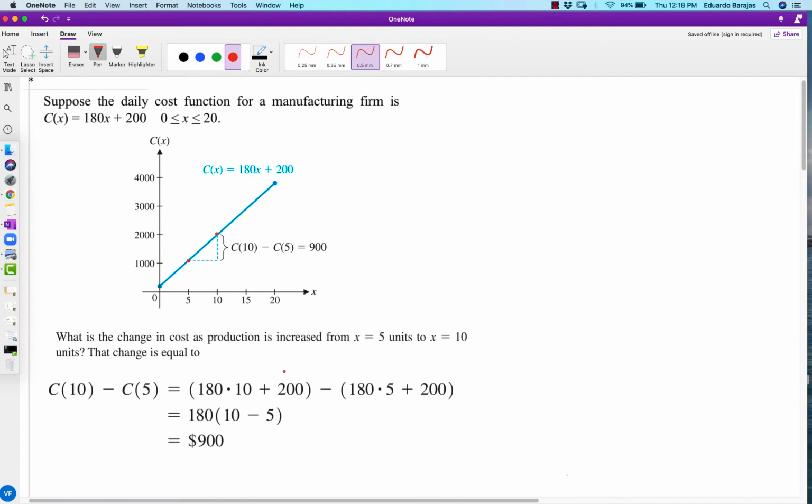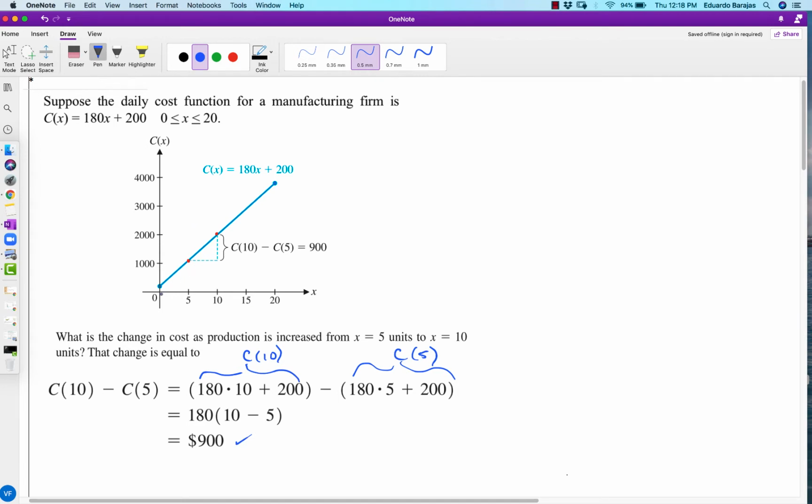C of 10 is 180 times 10 plus 200. And c of 5 gives you this result. So this is our c of 10, whereas this is our c of 5. Then we subtract them and we end up with $900.